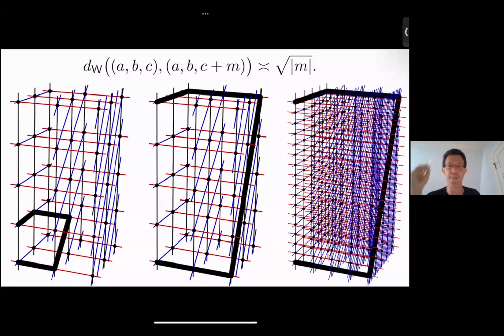What you see here is a commutator. The first one is the formula that A inverse B inverse A B is equal to C. The other ones are the commutators of A to the power m over 4 and B to the power m over 4. But for that, m has to be divisible by 4.